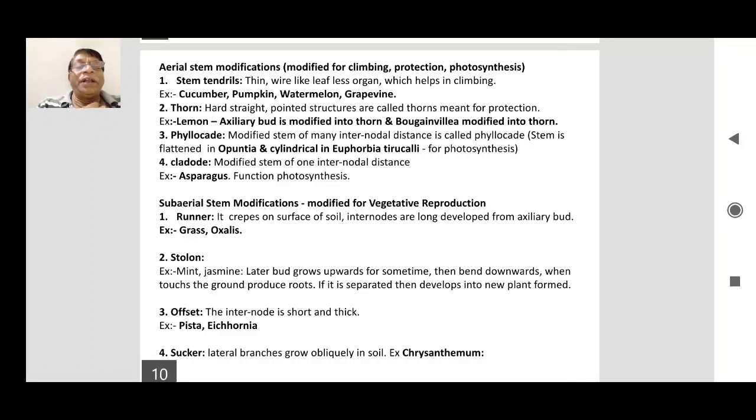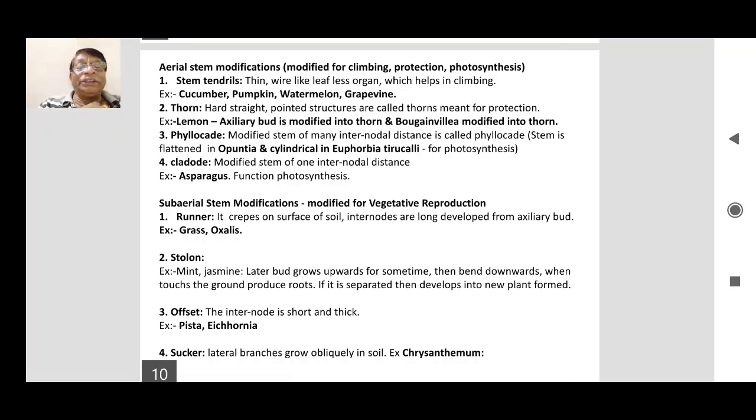May be studied under 4 headings: runner, stolon, offset, sucker. You must know all these in one sentence. And you must know the differences. That's very important.